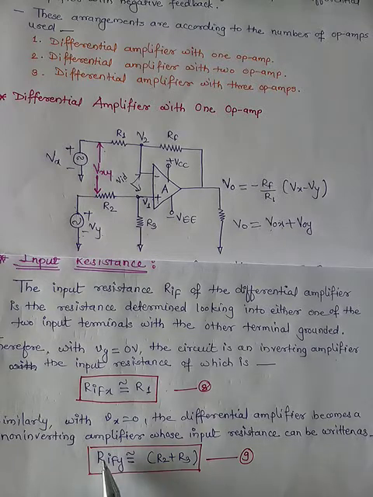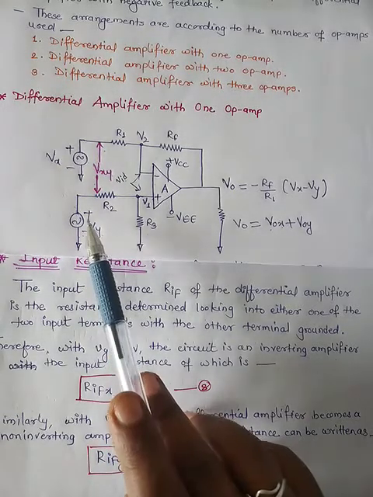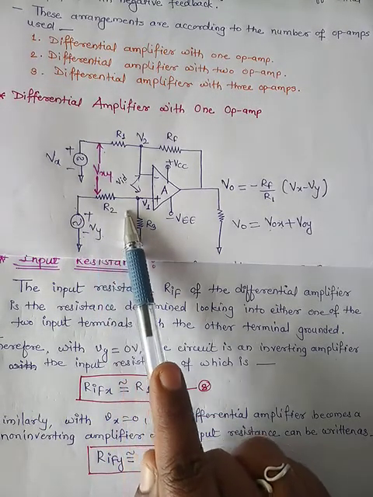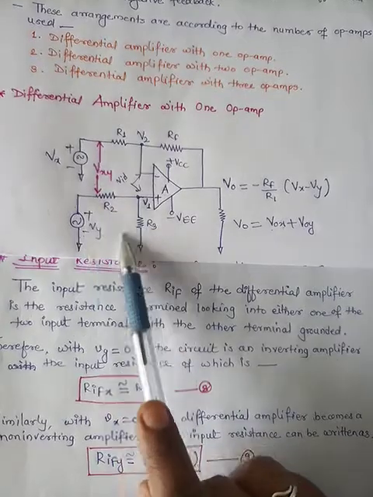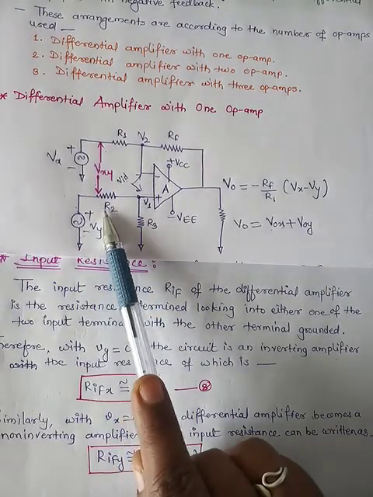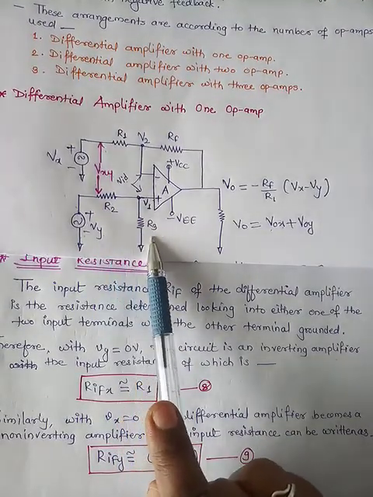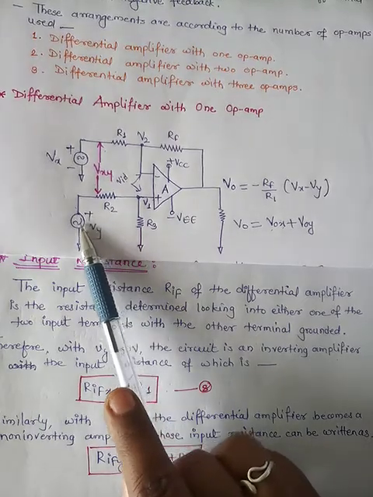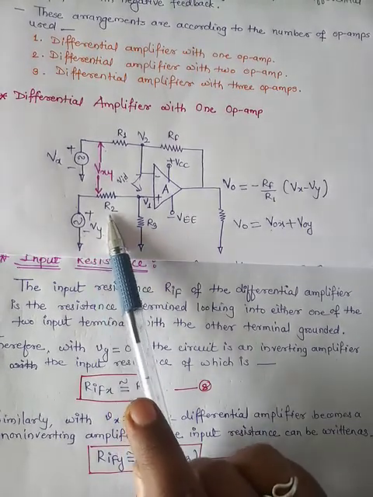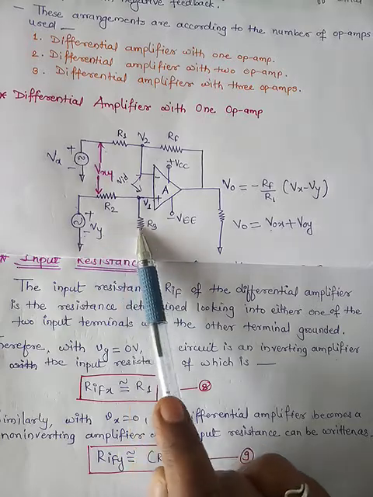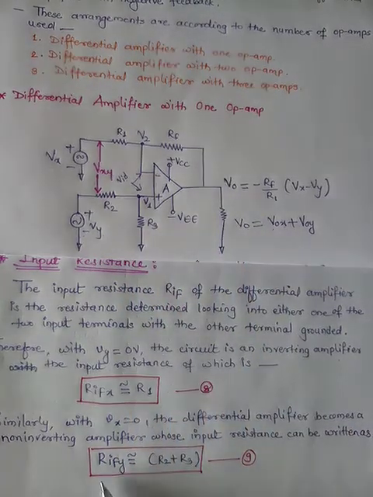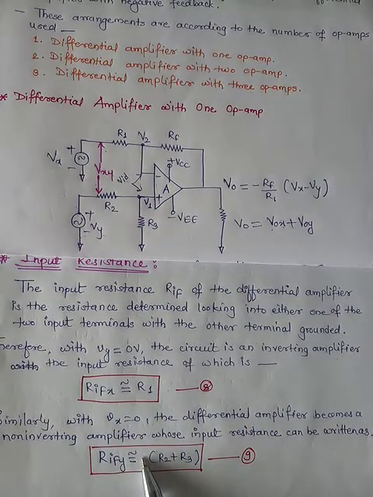Similarly, we can write the input resistance with feedback RIFy, when we are looking into the input terminal of the differential amplifier. There are two resistors, R2 and R3, so this signal source Vy will experience the input resistance R2 plus R3. So RIFy is approximately equal to R2 plus R3.